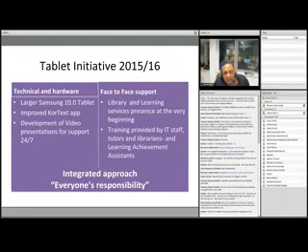So when we rolled this out this year, we had to produce a lot more support in terms of how people use the tablets and what resources are available, and having face-to-face, even though we've developed online presentations, students still wanted to see a physical person.